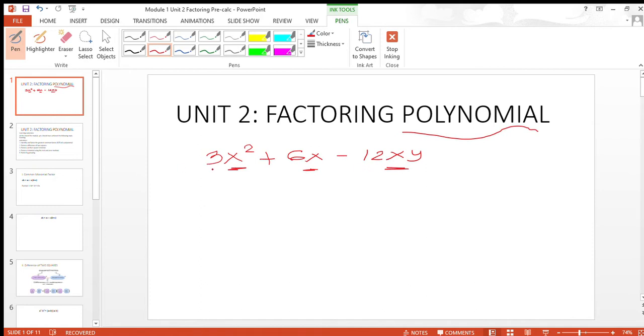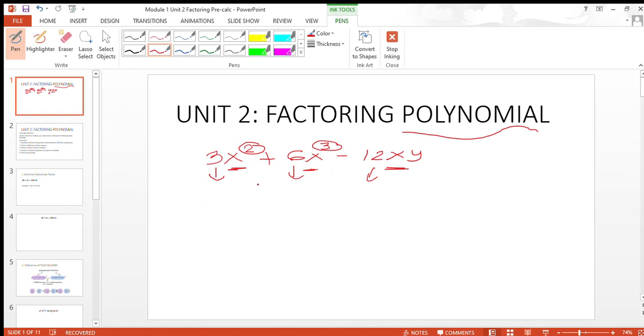It can also be involved with numerical coefficients, and we can also see some exponents. So if you like that, we can put an exponent here. So we have exponents also involved for polynomials.